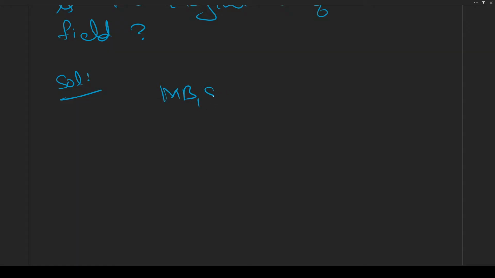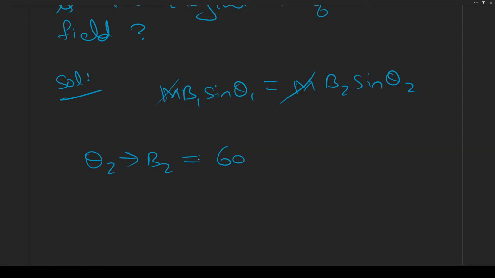So mB1 sine theta 1 equals mB2 sine theta 2, where m cancels, and theta 2, the inclination with respect to B2, equals the total difference of 60 degrees, which they have provided in the question, minus 15 degrees, the first one, which equals 45 degrees.